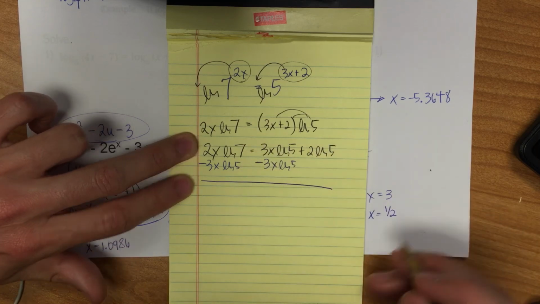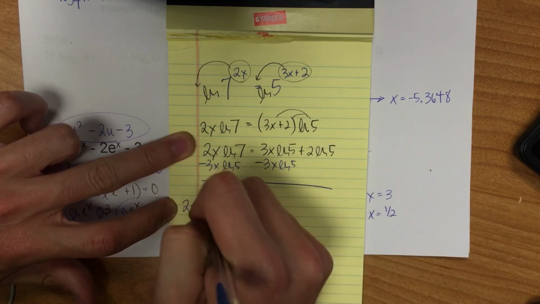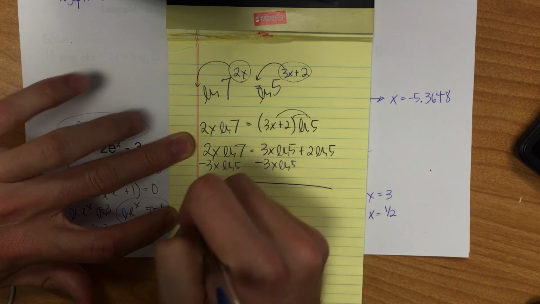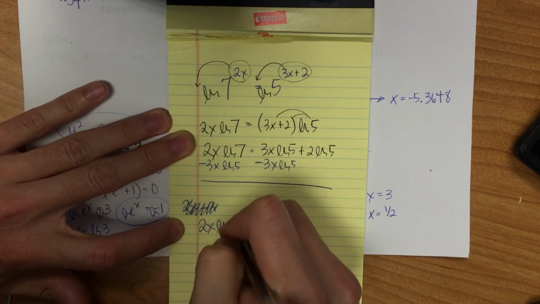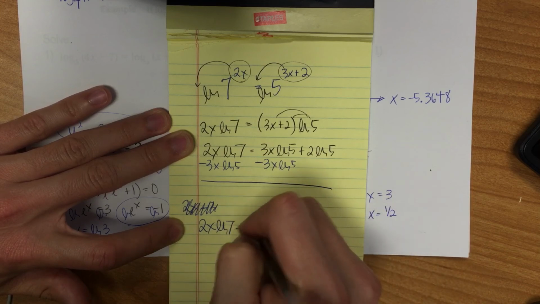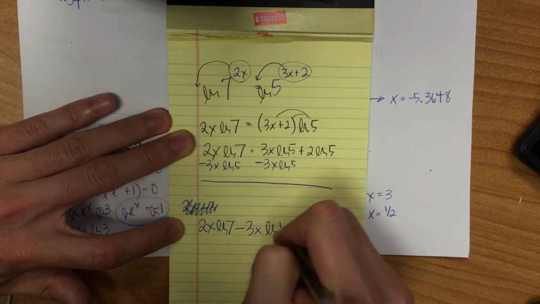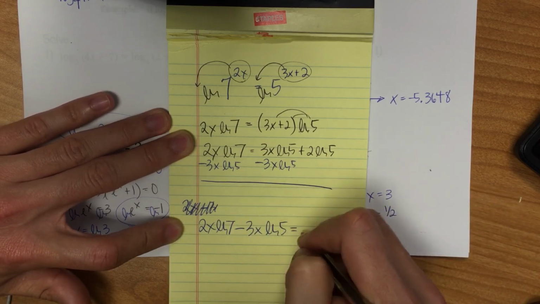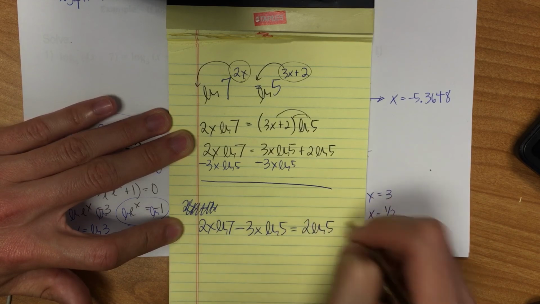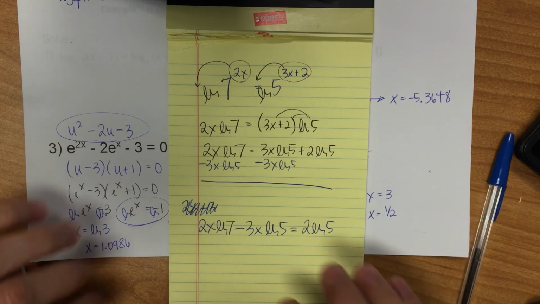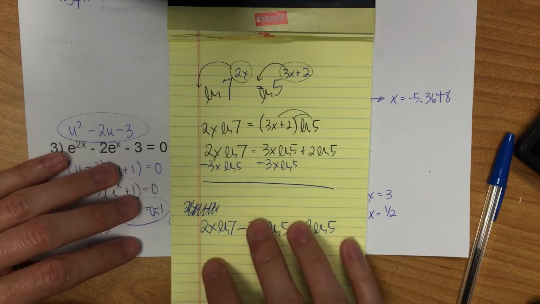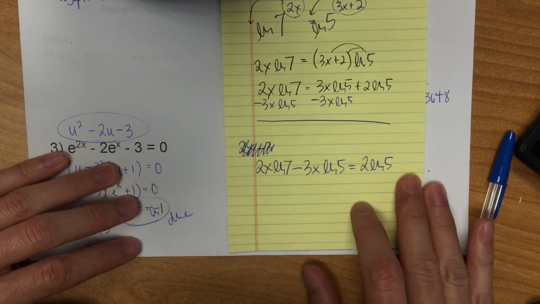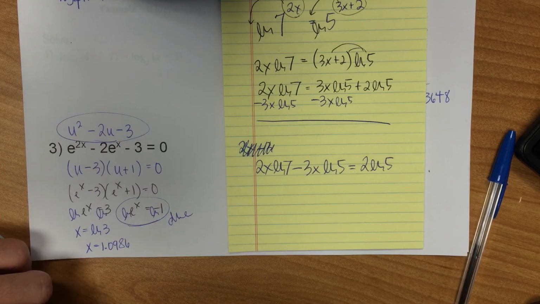So you have to write this as 2x natural log of 7 minus 3x natural log of 5 equals 2 natural log of 5. Unfortunately, there's nothing simpler you can do with it. So it's messy. What do you do with it then?